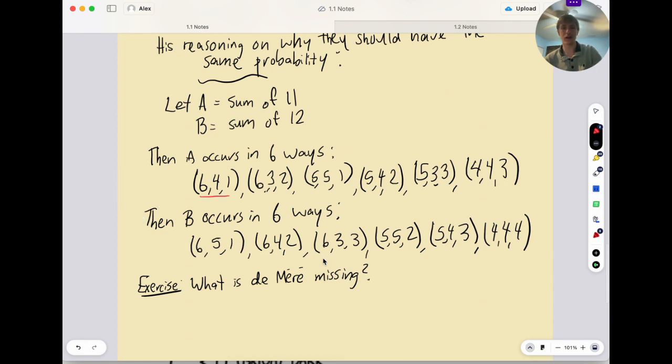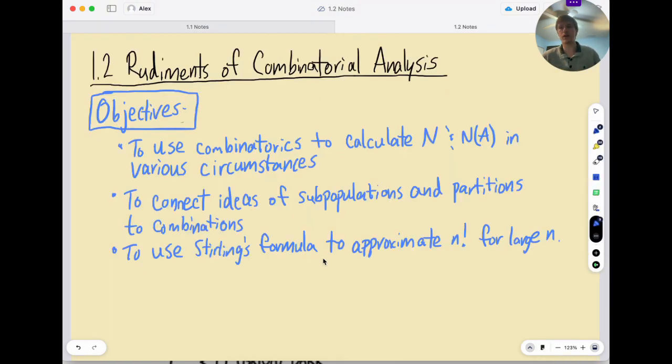Alrighty? So, this lecture is entitled Rudiments of Combinatorial Analysis. And while those are a bunch of big words, hopefully I can break that down for you. This is going to take many lectures to cover section 1.2, just because it's very important. So our objectives are to use combinatorics to calculate N and N of A in various circumstances.